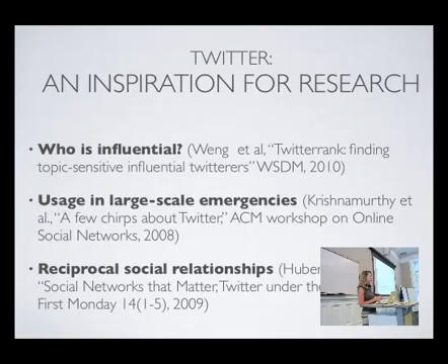Twitter in large-scale emergencies: there's a lot of interest in not just Twitter, but other social media as well for that application area. What does Twitter say about your social status or how people relate to each other? So, Twitter in interpersonal relationships, and Huberman et al.'s paper is well known there. Bernardo tends to always get the first big paper in a new area, and he did it here too.